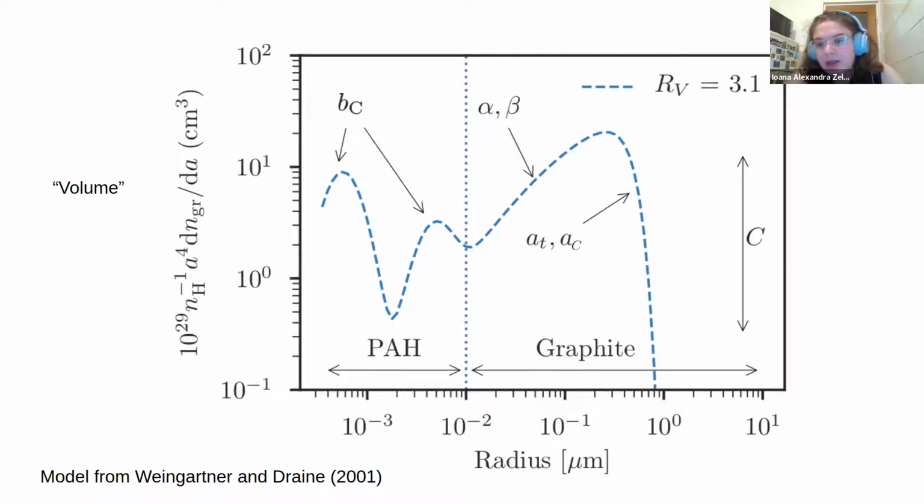So I have these three types of dust grains in my model, and I'm able to configure what size of grains I put in and what kind of composition they should have.